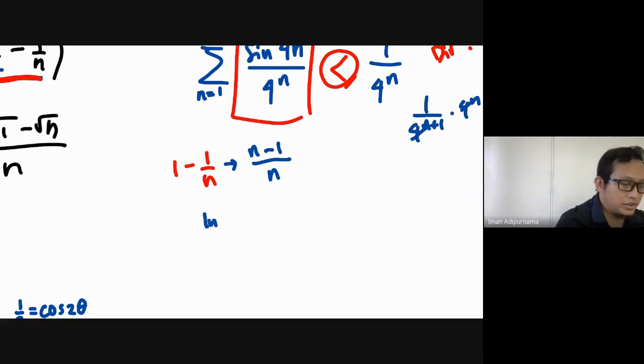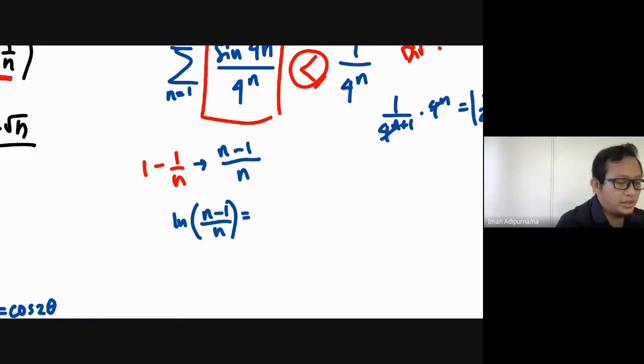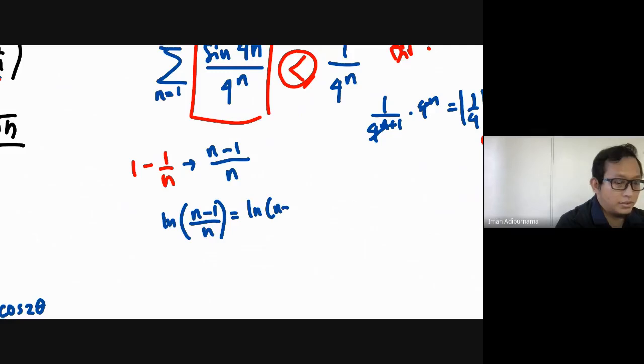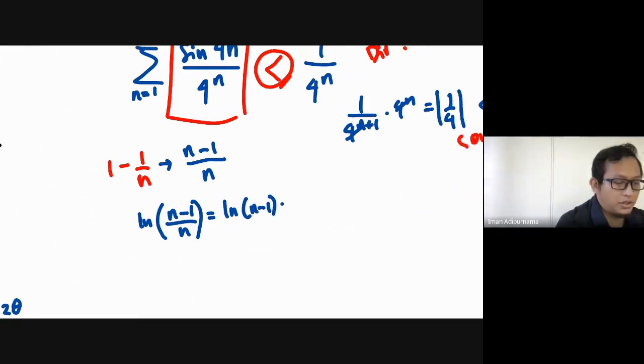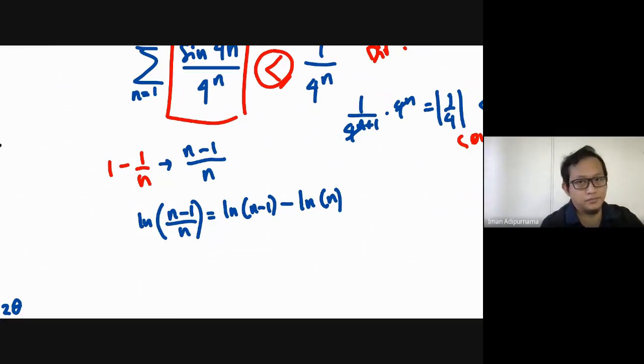Whenever you find any value minus or plus with fractions, change it into a whole fraction like this one. So if you have ln, you may change this into ln(n minus 1) minus ln n.